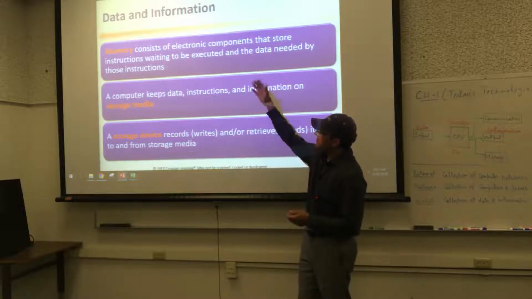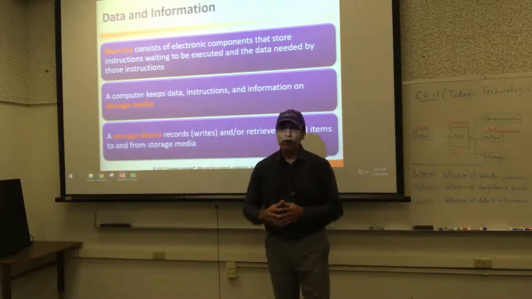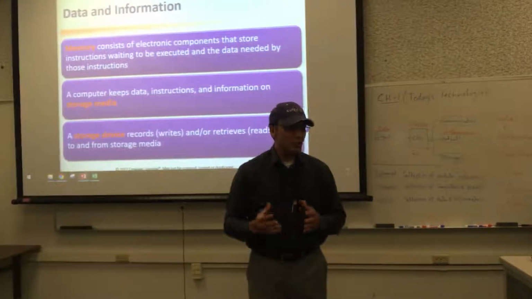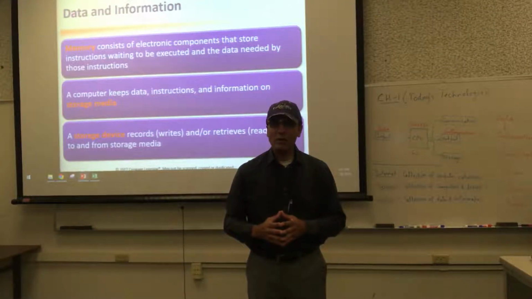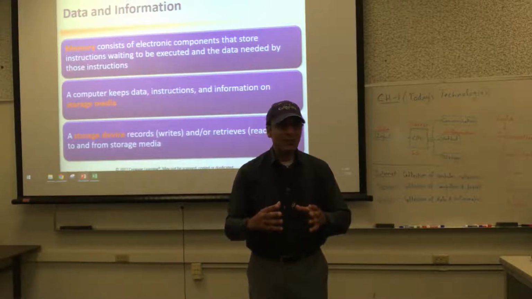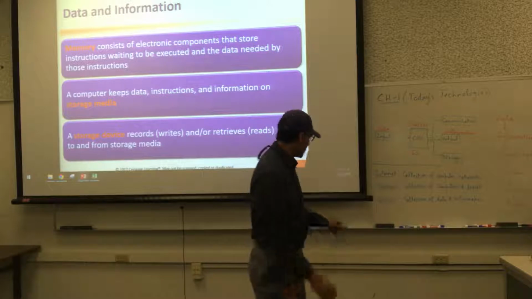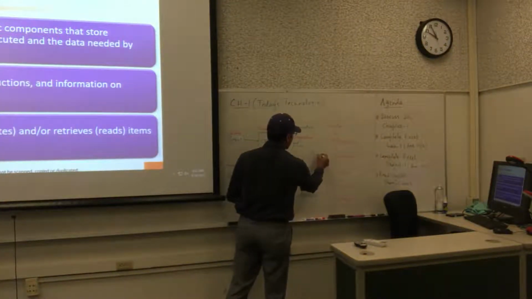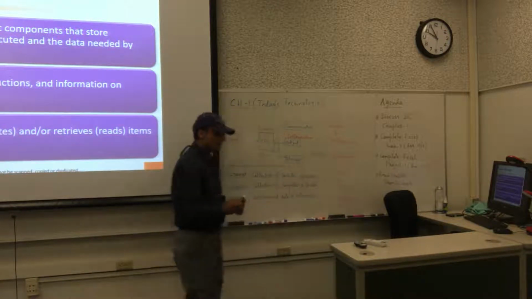So the difference is that memory is typically volatile. It's called temporary memory, short-term memory. It's also called volatile memory. Memory is something you access instantaneously. When the word memory comes up, typically the word that comes to our mind is RAM, random access memory.